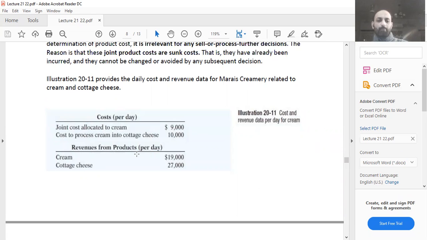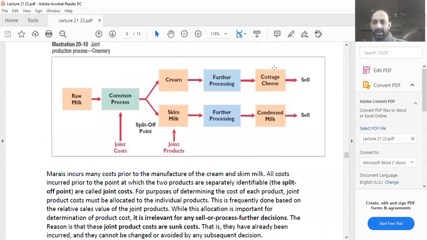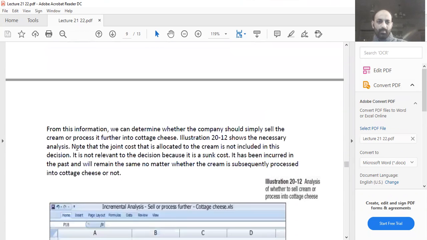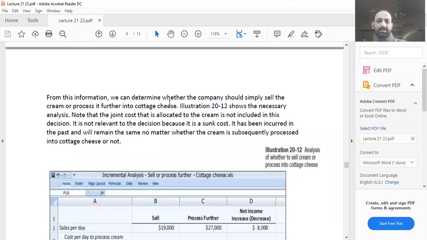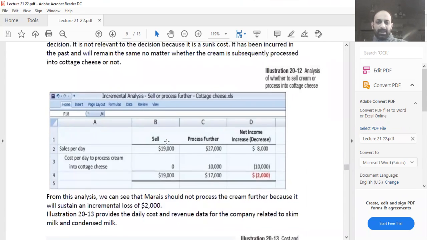Your revenue per day is 19,000 from cream, and 27,000 if you process cream further and convert it into cottage cheese, as shown in this diagram. From this information, we can determine whether the company should simply sell the cream or process it further into cottage cheese. This will give you an example.